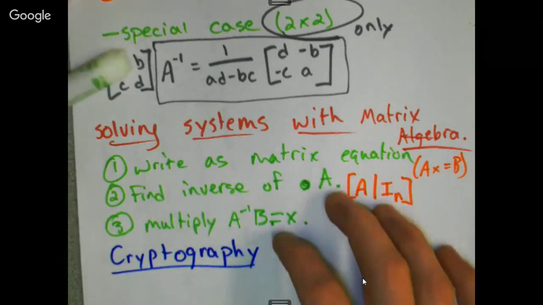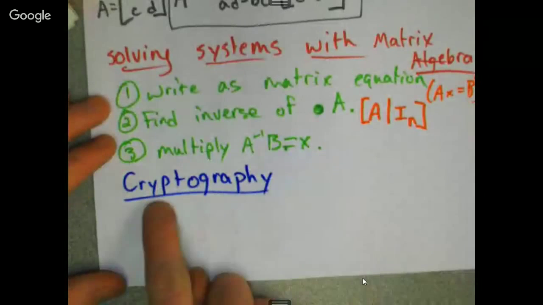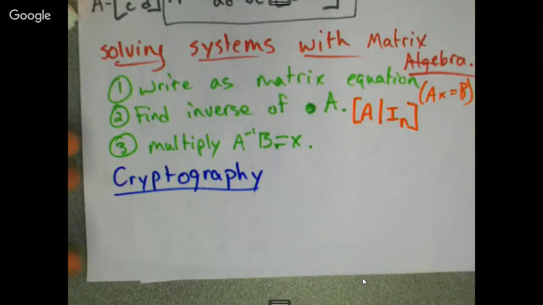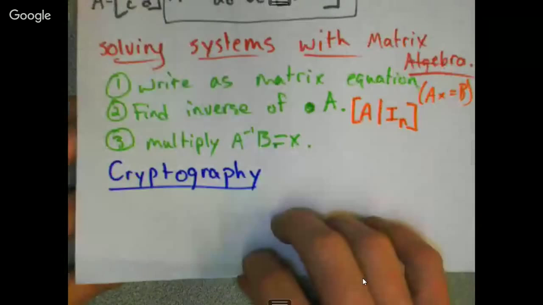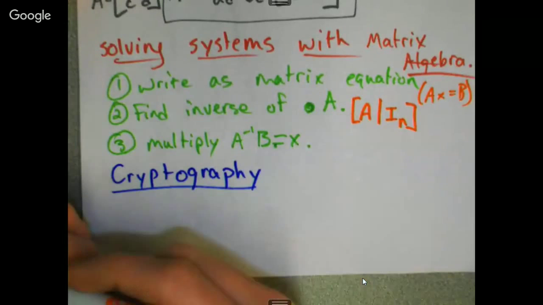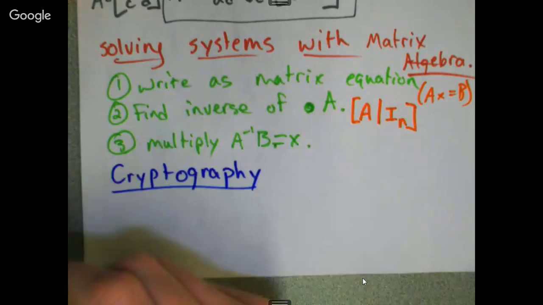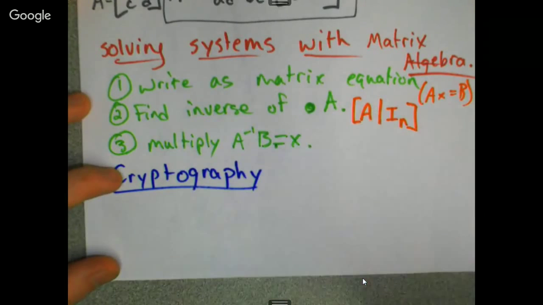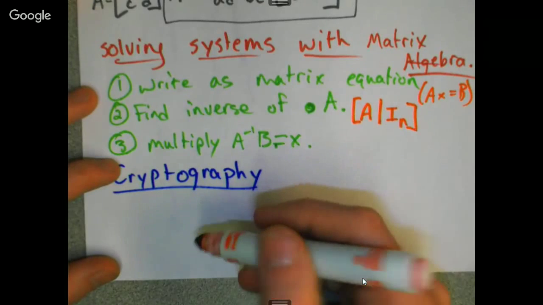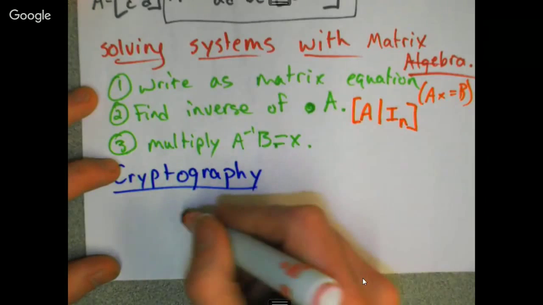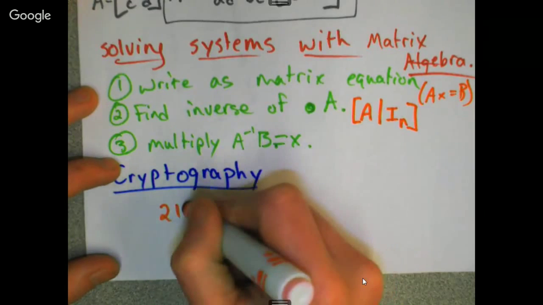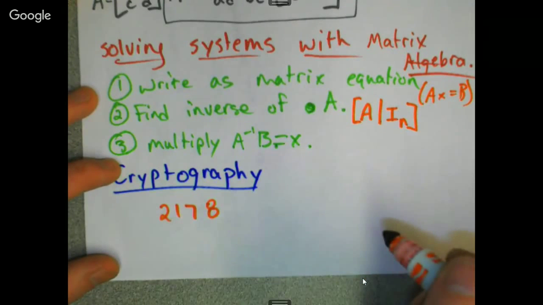We're really going to use these matrix equations for some cryptography stuff. So if I want to send some code, we can send words, we can send numbers. A lot of times, I'll do an example later. Let's say I want to send the number 2178.